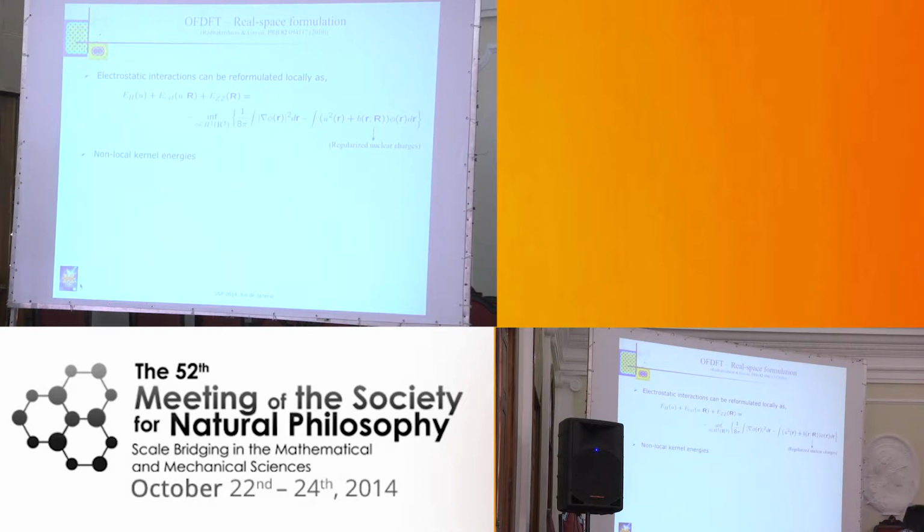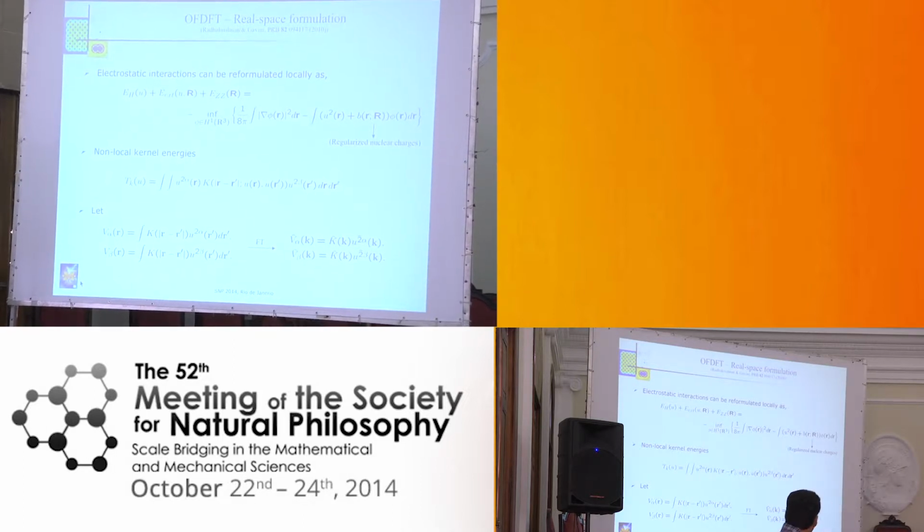And now coming to the non-local kernel energies, the functional form of the non-local kernel energies looks as follows. So this is the kernel over here, and this kernel could either depend on the electron density or it could be independent of the electron density. So the chemists have developed two classes of these kernels. And if the kernel depends on the electron density, the way they treat it is by doing a Taylor expansion about a uniform electron gas.